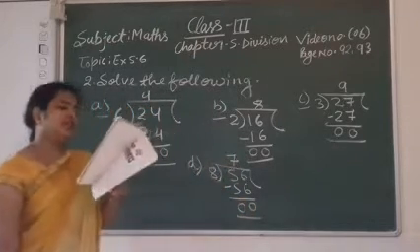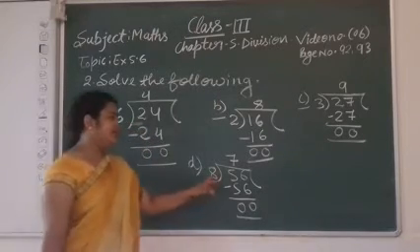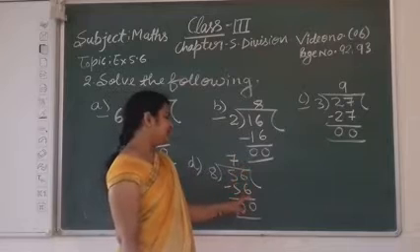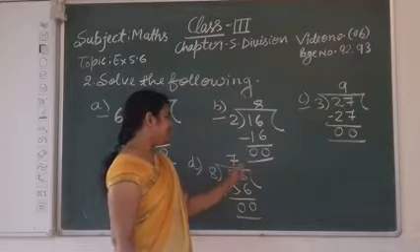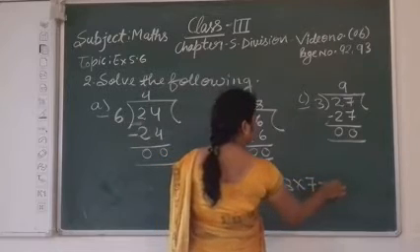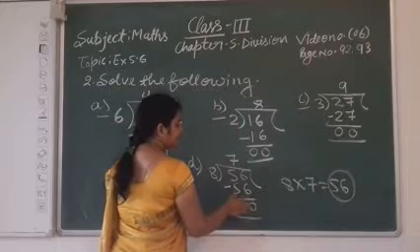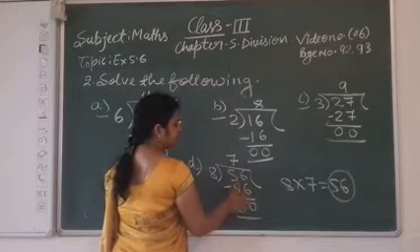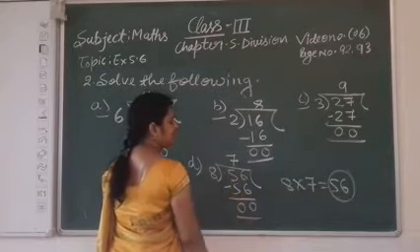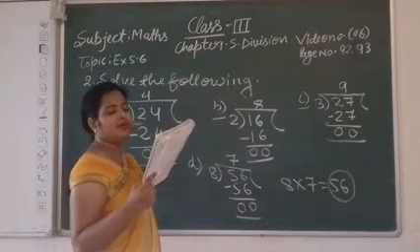So you can solve like this. Each part, you will read the table, you will write the quotient, you will write the number. 8 7s are 56. This 56 you will write under the dividend, and then you subtract, you get 6 minus 6 is 0, 5 minus 5 is 0. So like this you will solve all the parts.